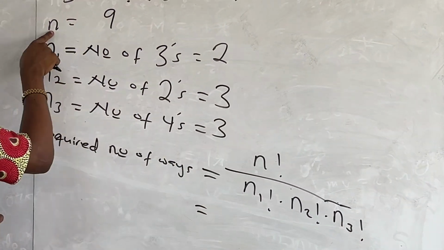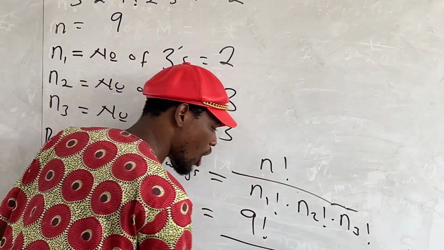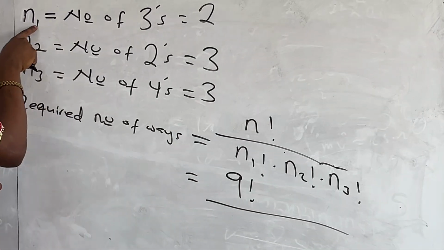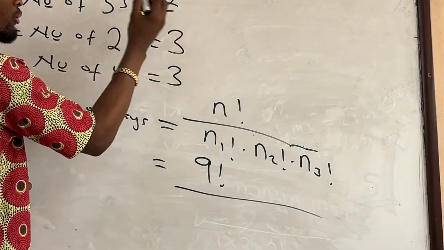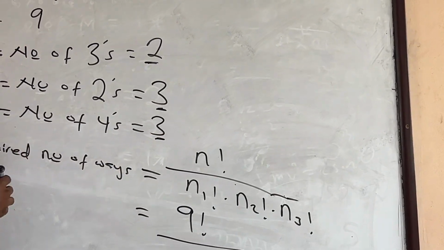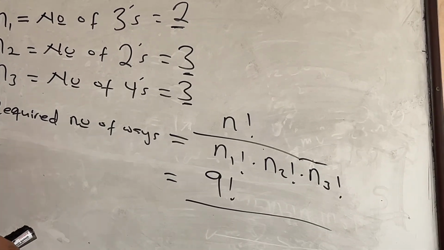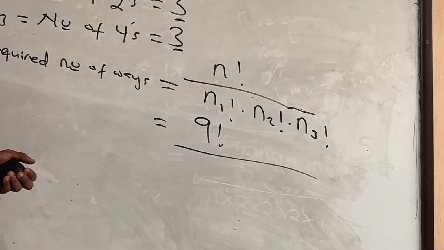What is my n? n is equal to 9. So I have 9 factorial, then all over, do I know n1? n1 here is equal to 2, n2 is equal to 3, then n3 is also equal to 3.